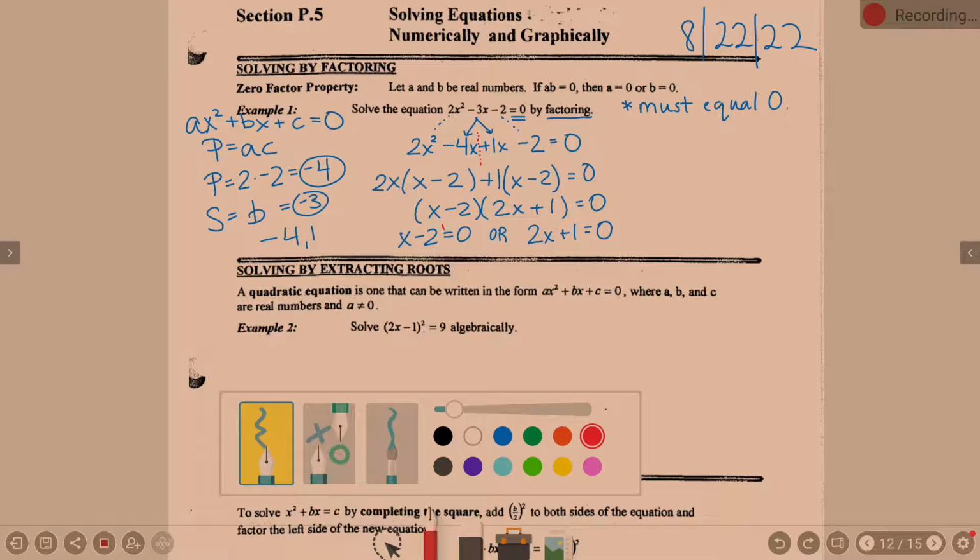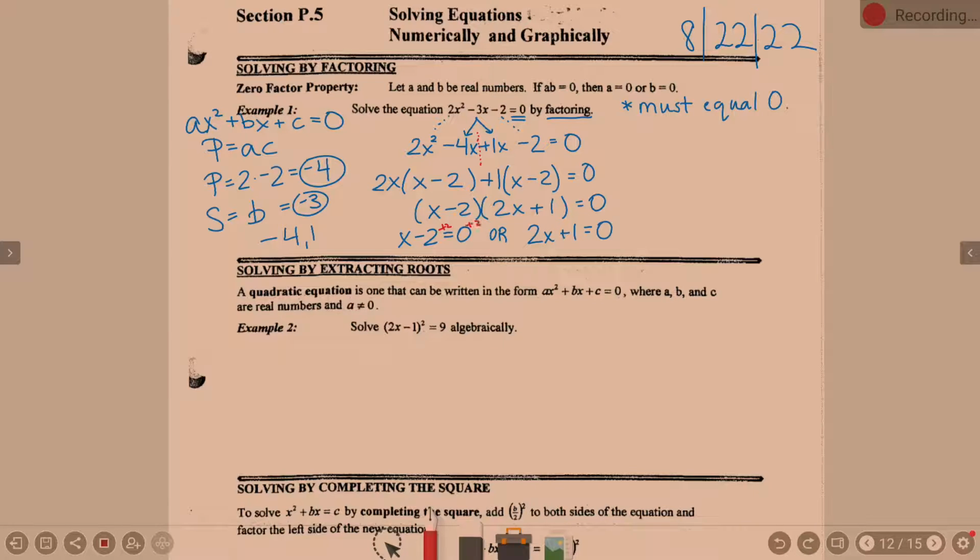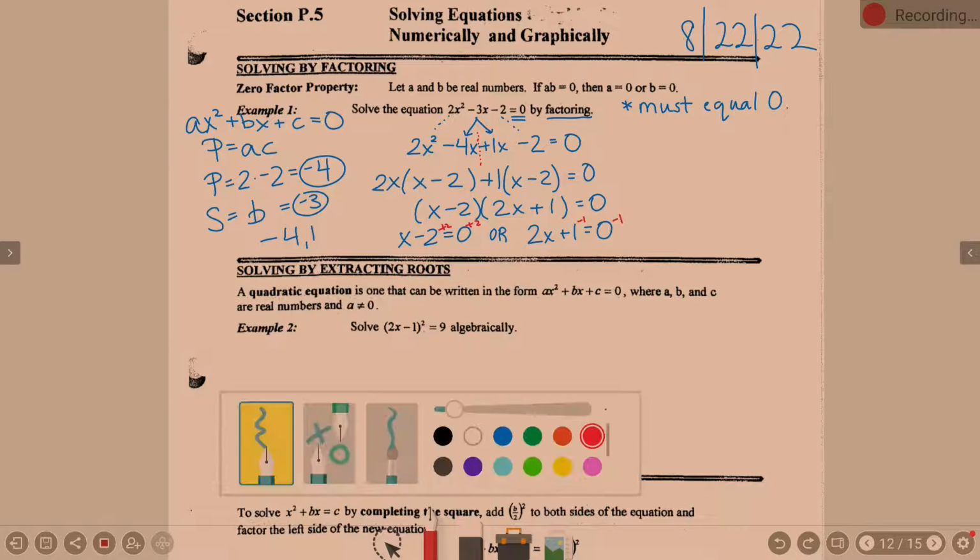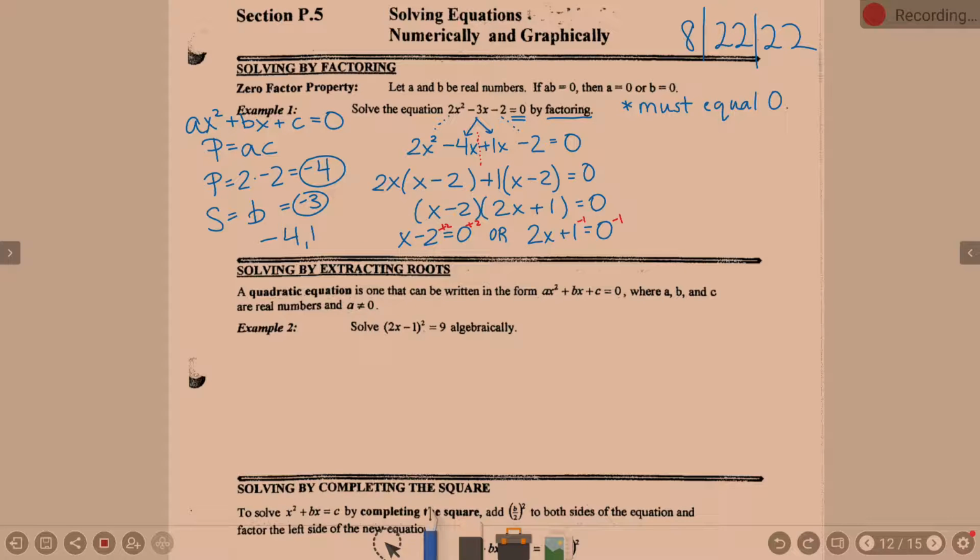On the first one, if it's x minus 2, we're going to add 2. On the 2x plus 1, I'm going to have to subtract 1. And I'm going to end up with answers of x equals 2. And if I subtract 1, then I'm going to have to divide by 2, and we'll end up with negative 1/2.